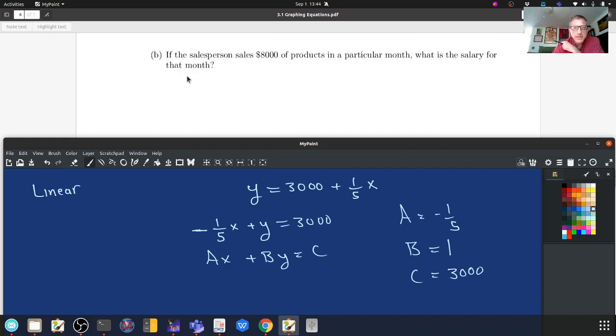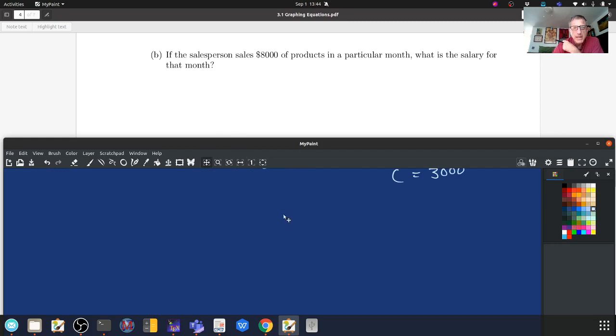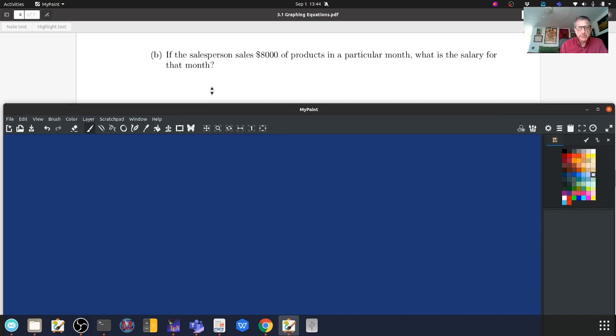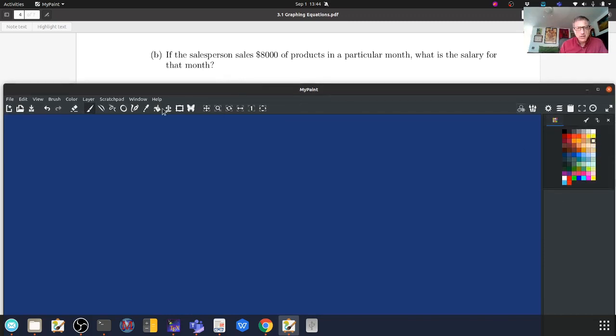So now let's do something else. If the salesperson sells $8,000 of products in a particular month, what is the salary for that month? So here we have the salary is given by the equation. Y is the monthly salary. So y is equal to 3,000 plus 1/5 times x.